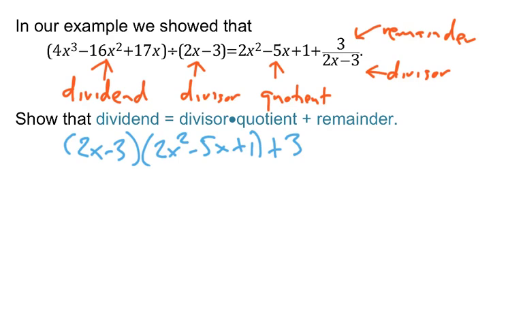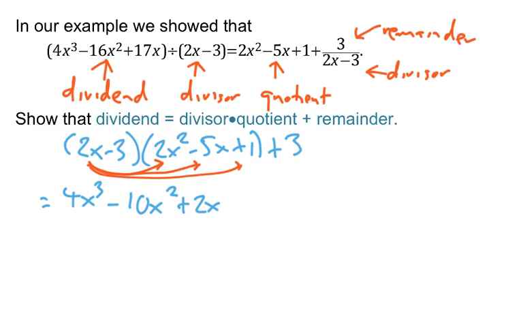Let's see. To check this, we would need to multiply these first two polynomials, and we do that by the distributive law. We take the 2x and multiply it by every term of the second polynomial. So 2x times 2x squared is 4x cubed. Then 2x times minus 5x is minus 10x squared. 2x times 1 is 2x.